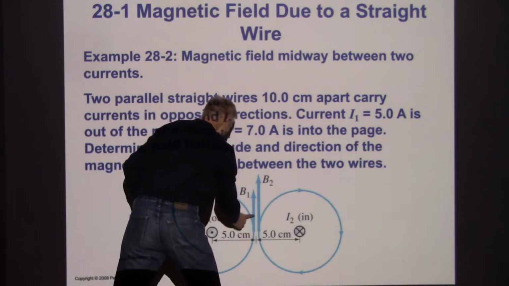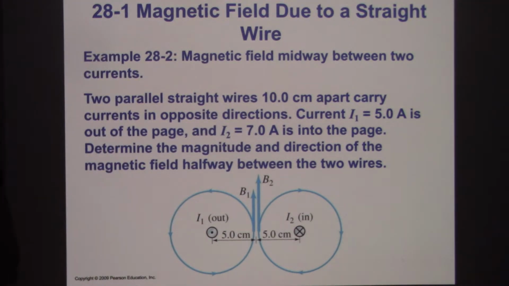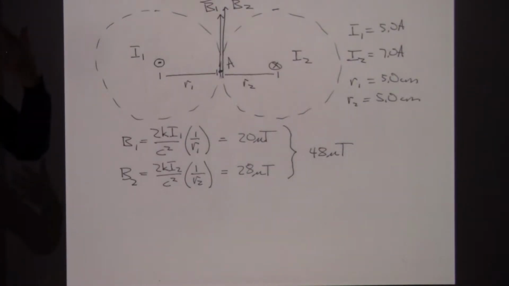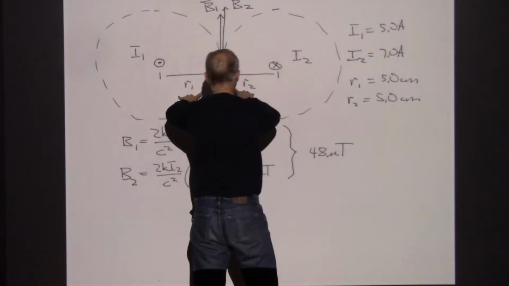So this is not the only place where I could add those two magnetic field vectors together. It's just the one they happen to pick in this example. So if I pick that particular location, I'm going to write down all the information that was given. I've got R1 and R2.